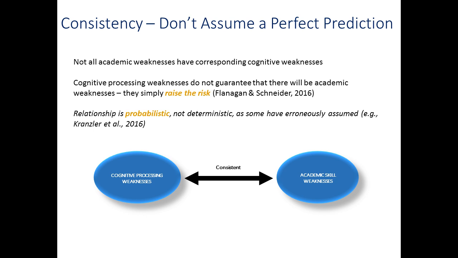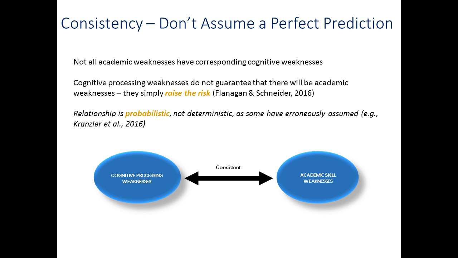It talked about diagnostic misses. And one of the things that this research assumed was that the relationship between cognitive abilities and academic weaknesses, the consistency piece, is a causal relationship. Causal determinism was the assumption.